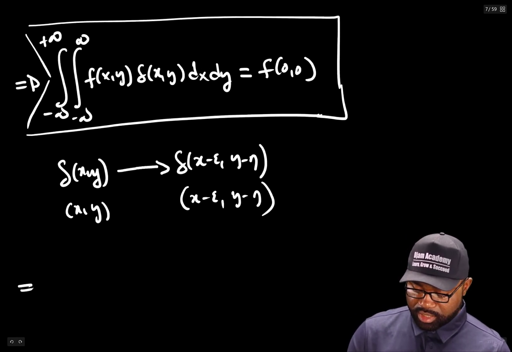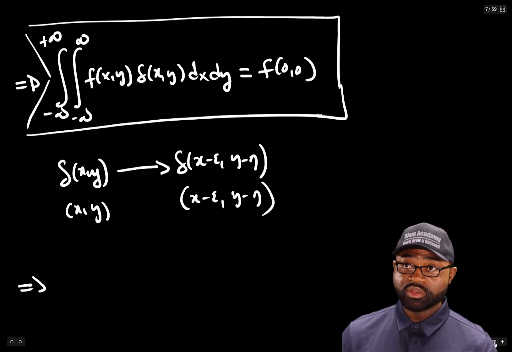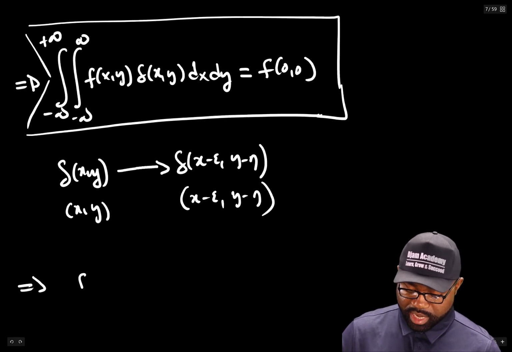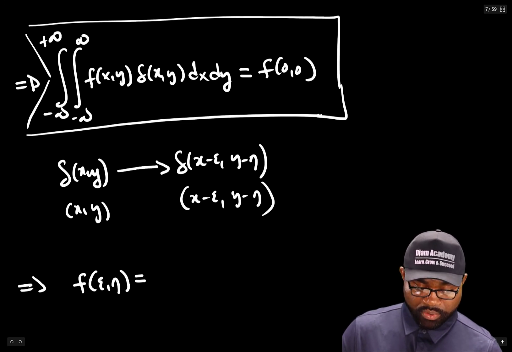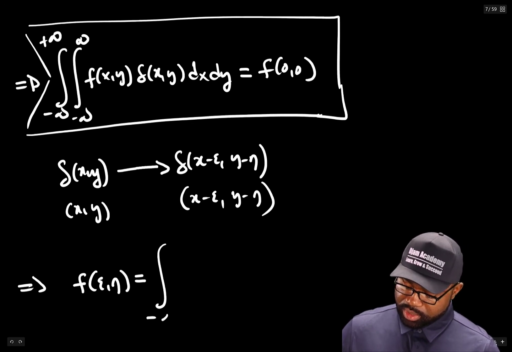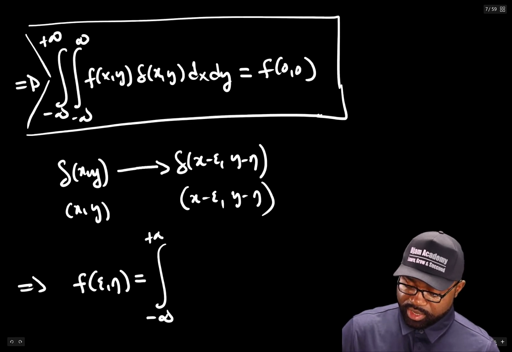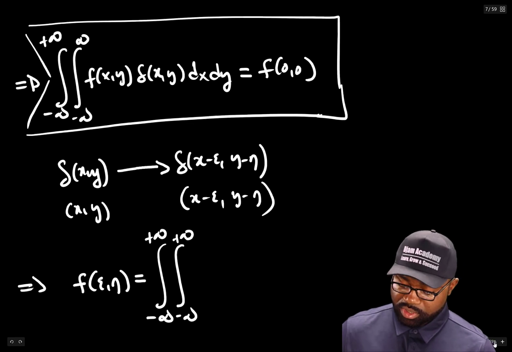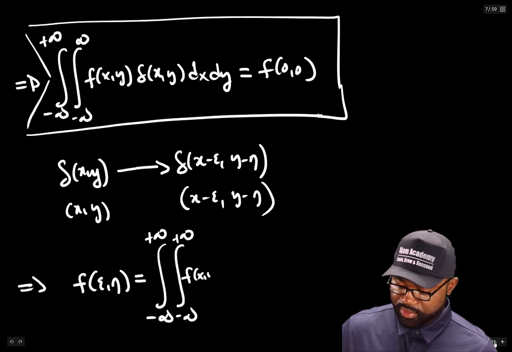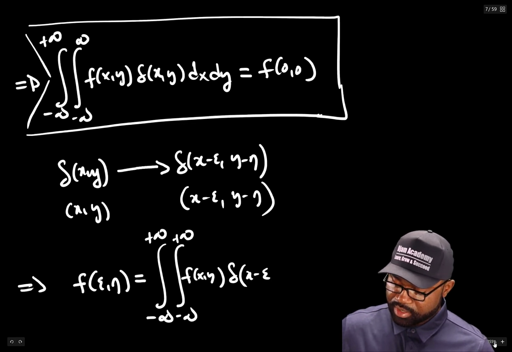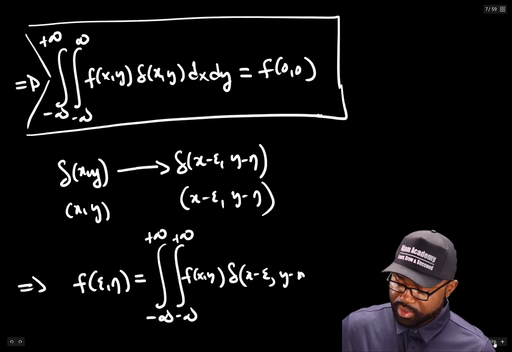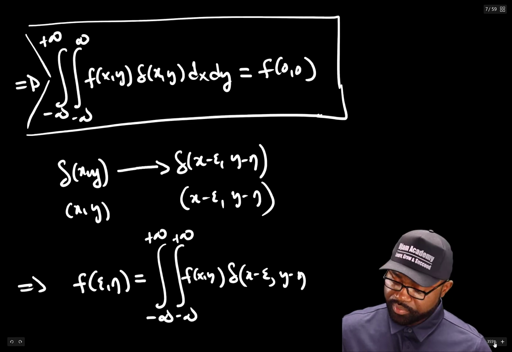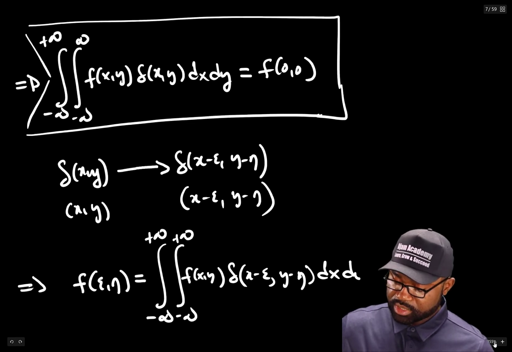Then our signal, just like we did above, is given by f equal to the double integral from minus infinity to positive infinity of f(x, y) δ(x - ε, y - η) dx dy.